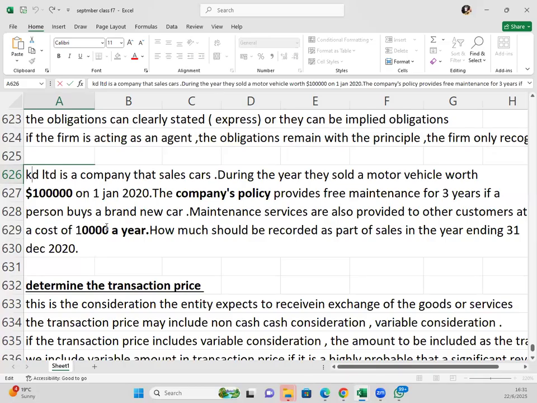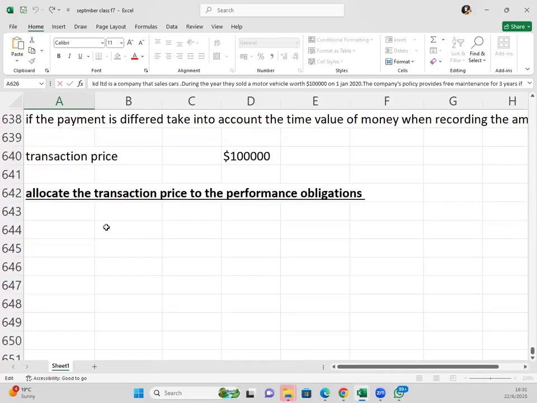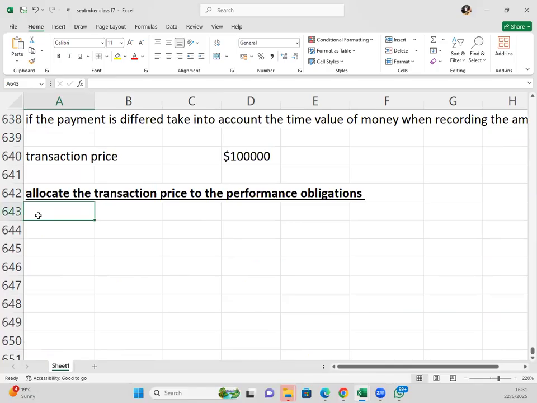So what does that imply now? This means that we have sold maintenance plus the vehicle, but we have discounted the two, because in that 100,000, it's covering both the maintenance and the vehicle.